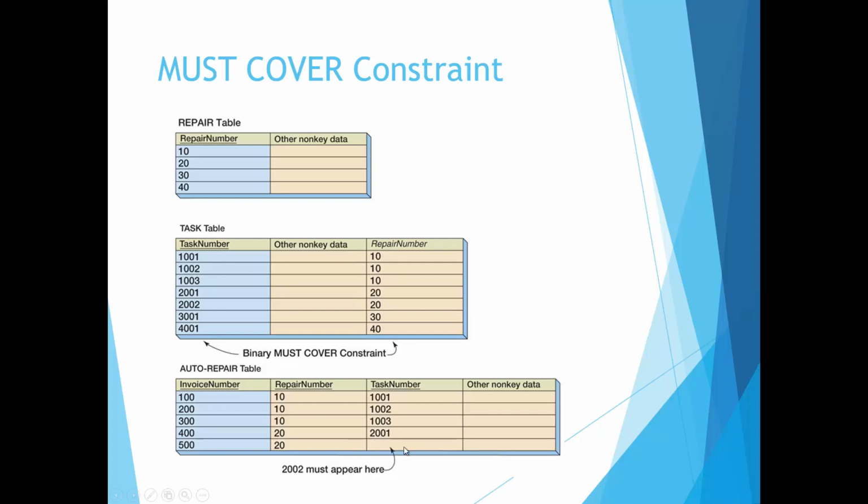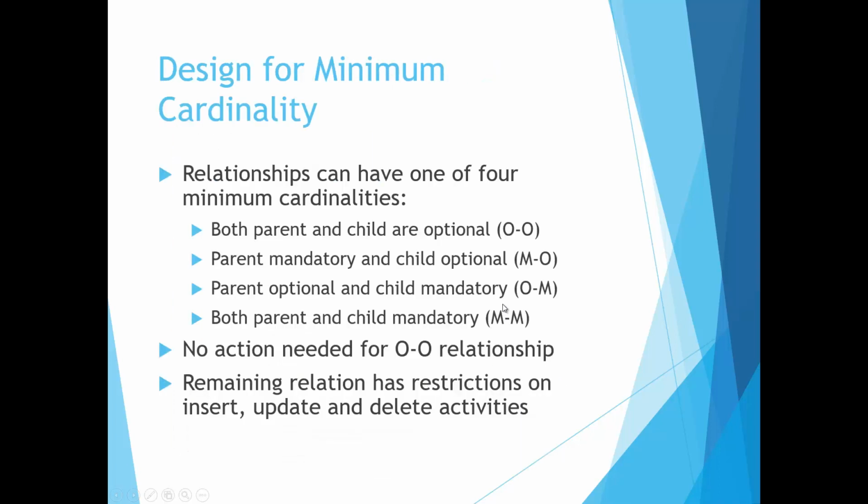So 2002 must appear here because repair number 20 can cover 2001 and 2002. And again, we got that from the other two relations. So with the ternary relation, we can define what number to put here.